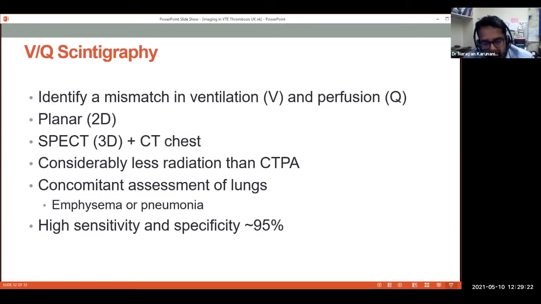And in addition, it gives us an ability to assess the lungs for additional pathologies like emphysema or pneumonia, or more recently, the amount of COVID pneumonia, for example, the degree of lung parenchymal involvement. And this has shown very high sensitivity and specificity in studies that have been published already.